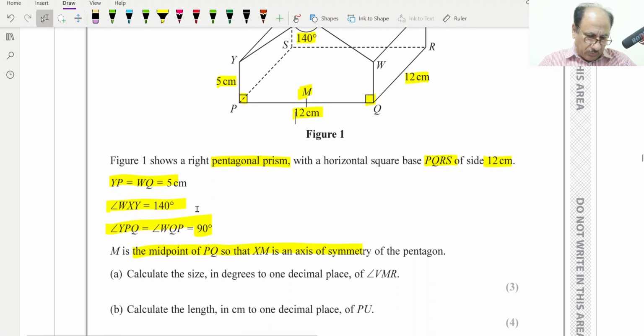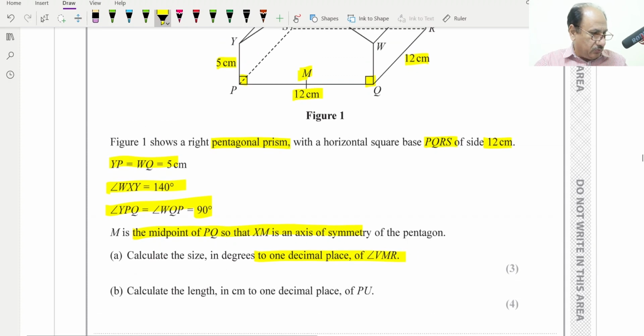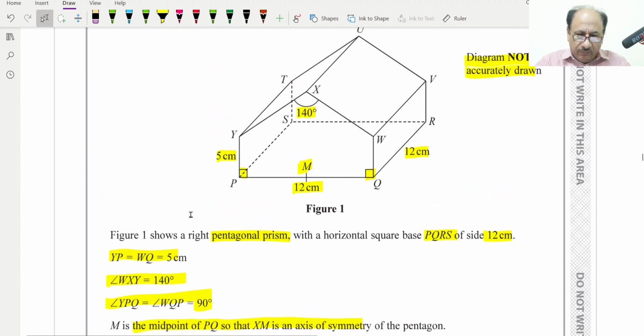So going to the question, calculate the size in degrees, to one decimal place, of angle VMR. So we'll have to understand which angle is VMR. So I will erase this also. VMR.